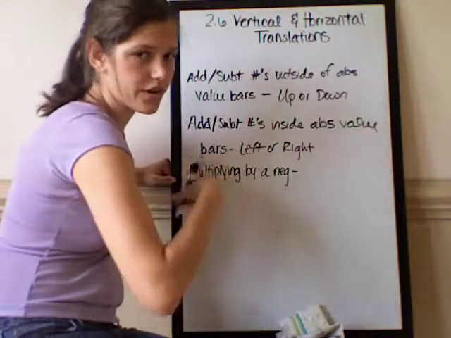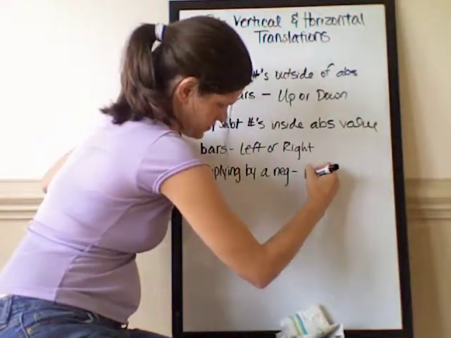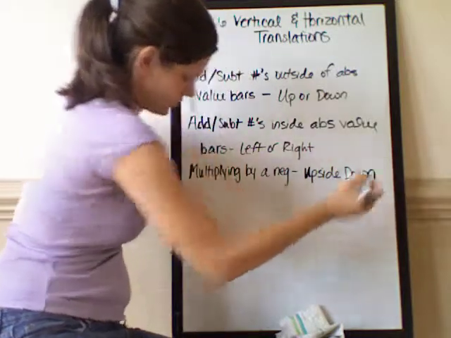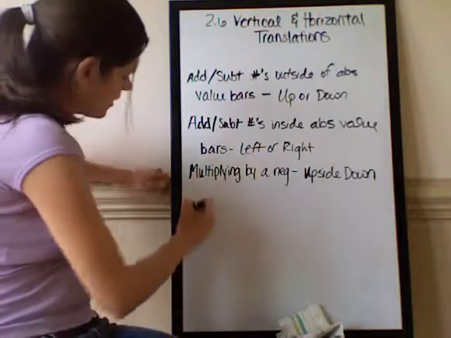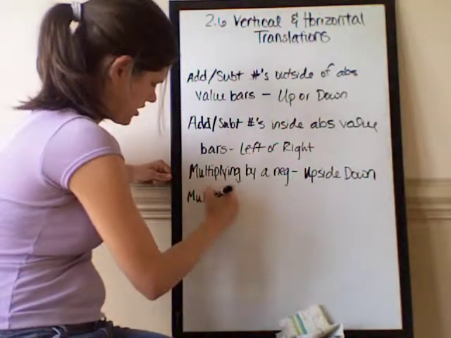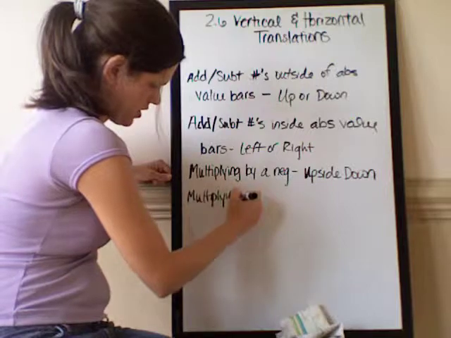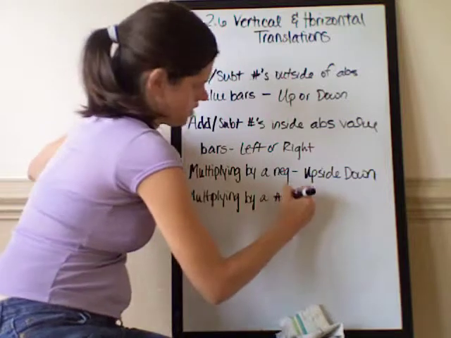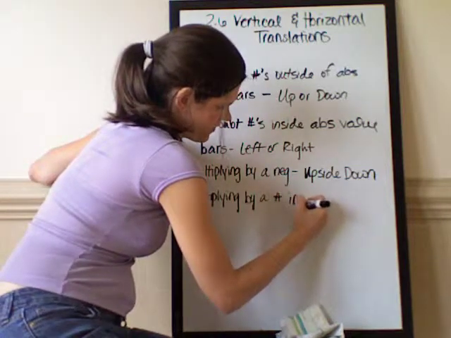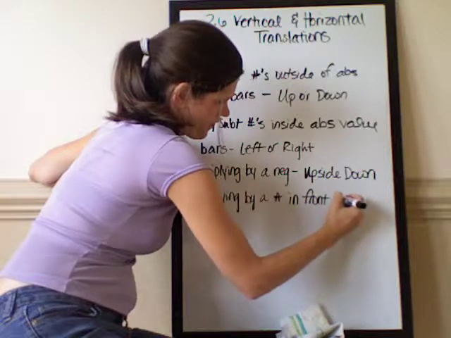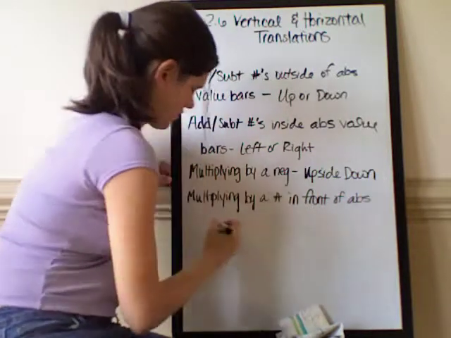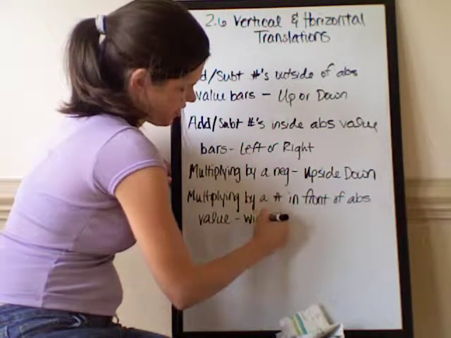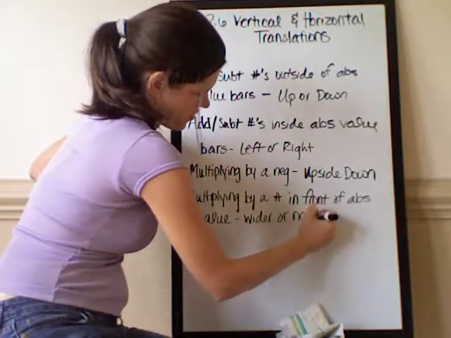You have a negative out in front of the absolute value. Okay, and now multiplying by a number in front of the absolute value. Okay, and that was where you got wider or narrow.